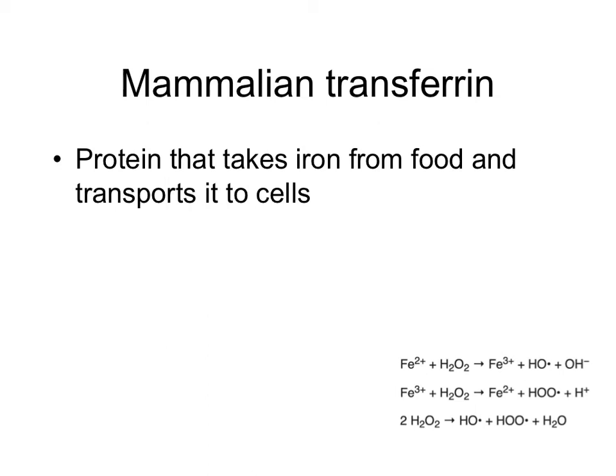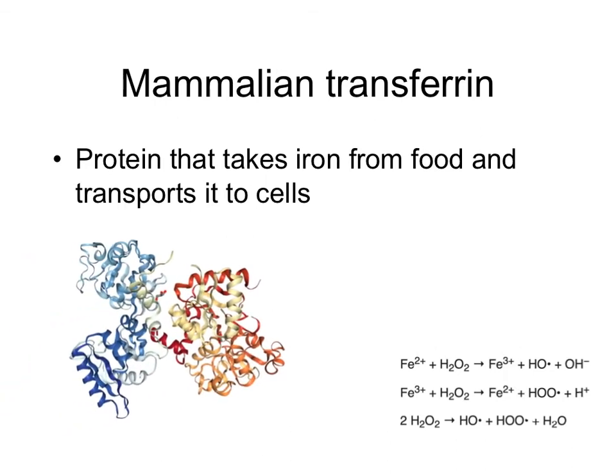This is the hydroxyl radical, the peroxyl radical. Those are really bad. We don't want those in the body. And so we want to absorb the iron and hold on to it tightly so that we can deliver it to where it needs to go in the cell. And the protein that has been developed to do this is called transferrin.